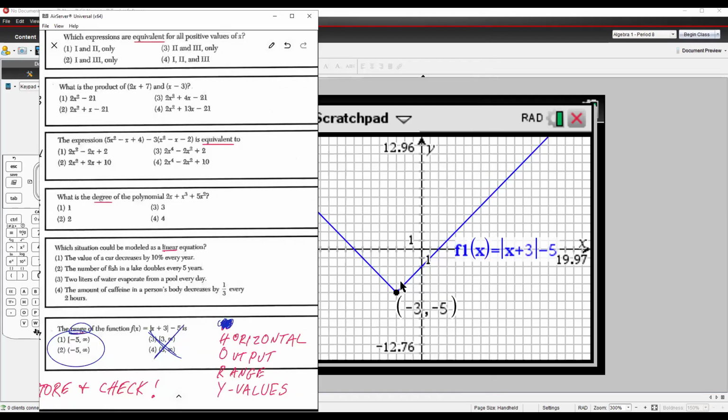Well, you can see that the vertex of this absolute value is actually touching the output line -5. So we got to include that -5. So we got to have a bracket, not a parentheses. If there was an open circle here, then it would be this. But so the answer is number 1.